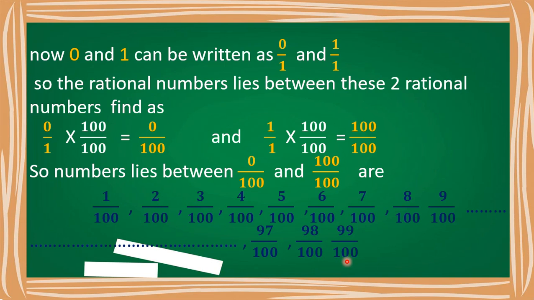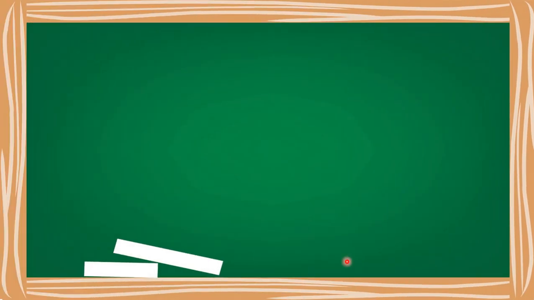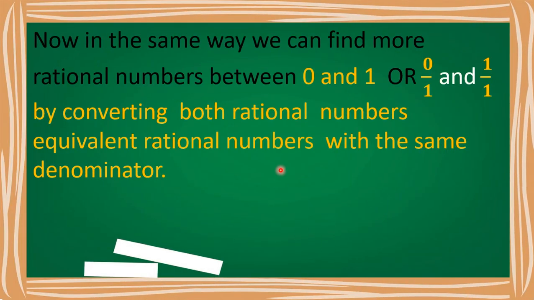So here what are we getting? In the same way we can find more rational numbers between 0 and 1 when we write 0 and 1 as 0 upon 1 and 1 upon 1. That is what we are doing here, converting both the rational numbers into equivalent rational numbers with the same denominators.